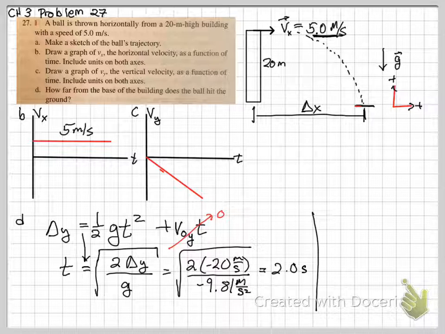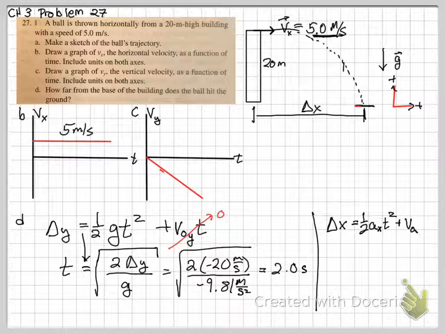So that means that the ball is going to be falling for 2 seconds. It's also going to be moving rightward for 2 seconds at the speed given to us as v x. So now, to figure out how far away it's going to move, we have delta x equals 1/2 a in the x direction times t squared, plus v naught in the x direction times t.